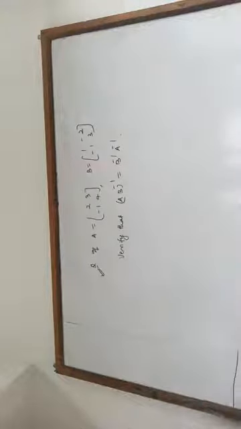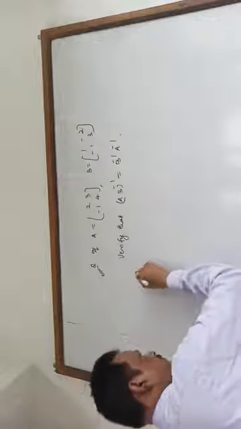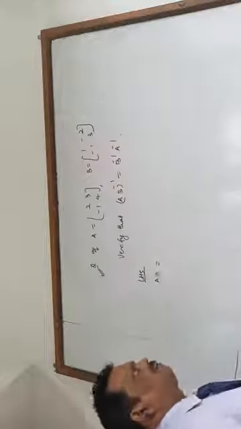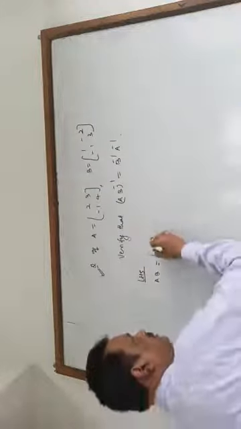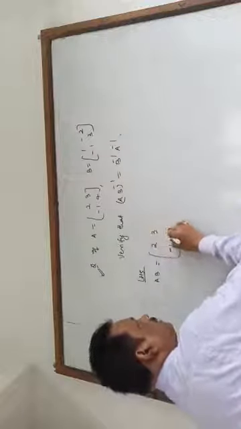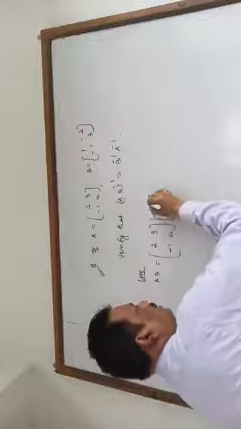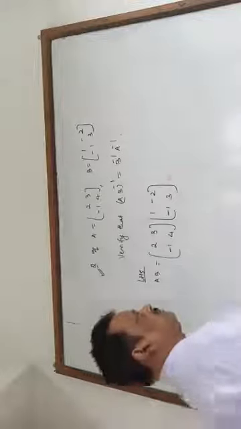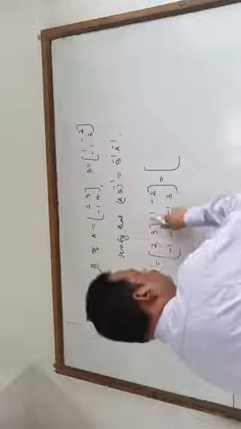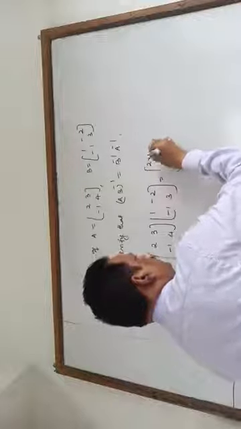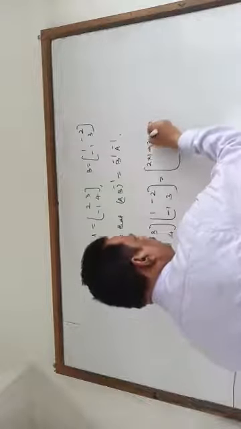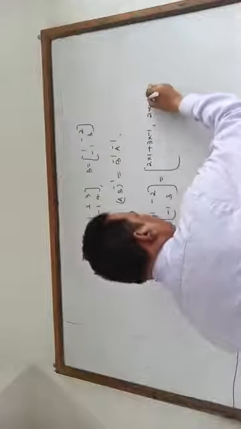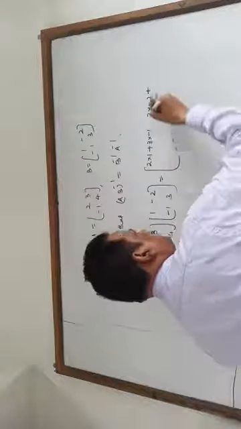Now, let's see the left hand side. First you find AB, then you will go to inverse. AB means product of 2, 3, minus 1, 4 and 1, minus 2, minus 1, 3. So how to multiply? 2 into 1 plus 3 into minus 1. Then 2 into minus 2 plus 3 into 3.